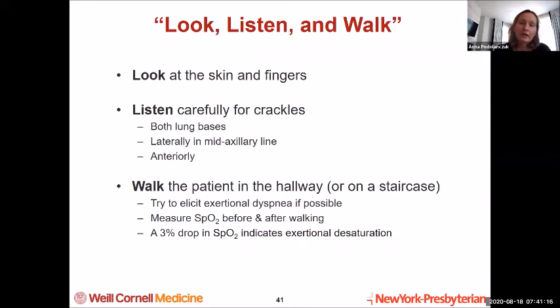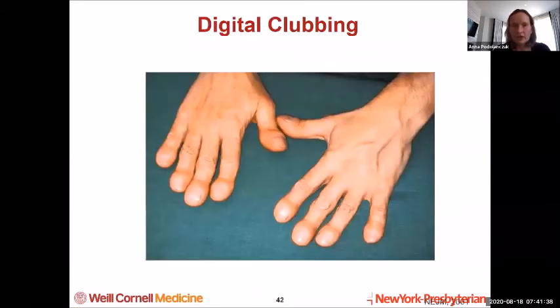I listen very carefully for crackles at the lung bases in the mid-axillary line and anteriorly. And I walk the patient in the hallway or on a staircase, and I watch them breathe when they're walking, and I measure their pulse oximetry before and after walking. And I look for a 3% drop in their SpO2 that defines exertional desaturation.